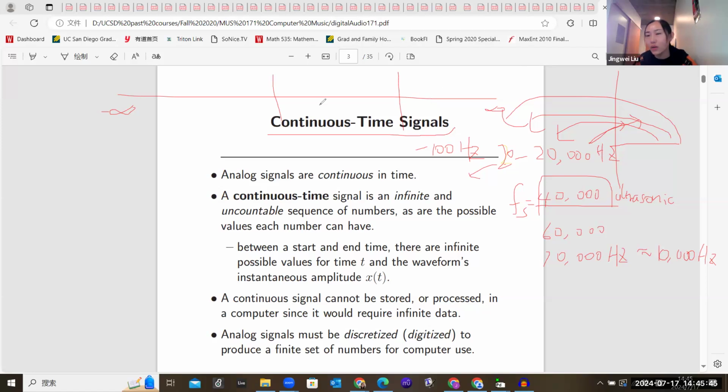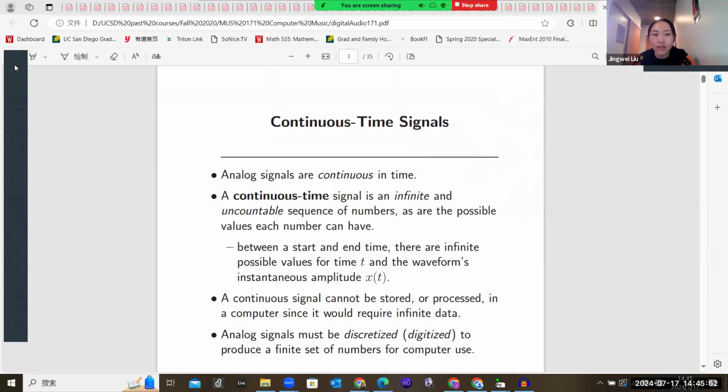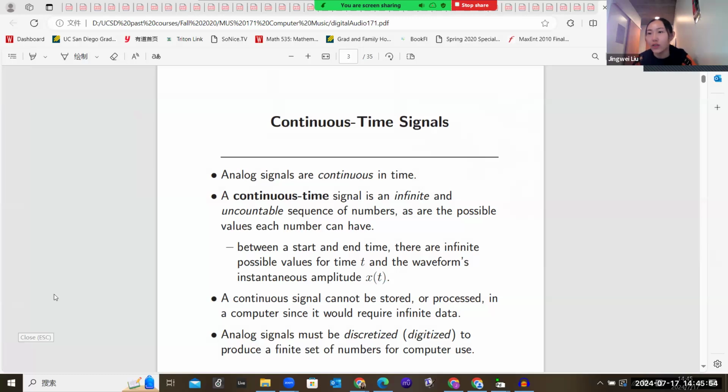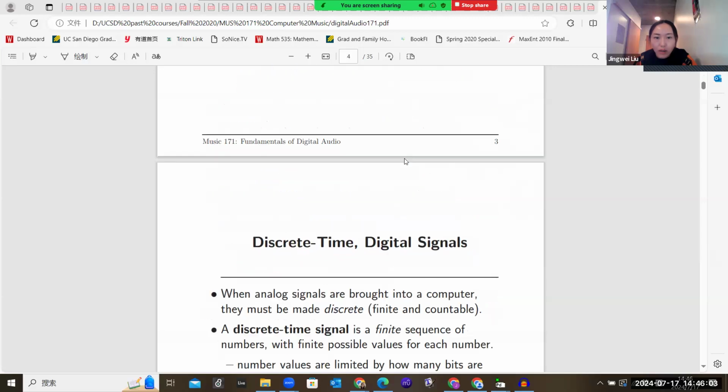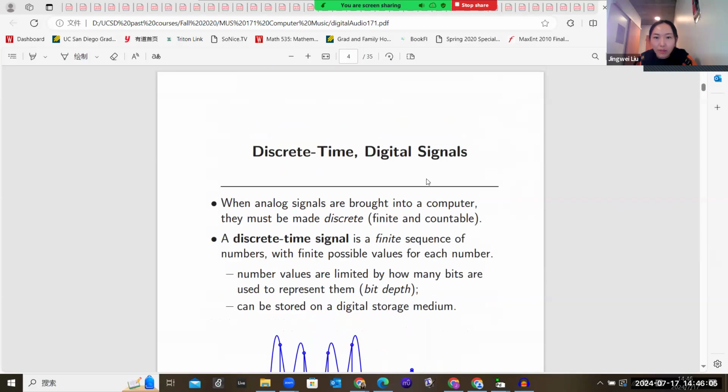These sounds will interfere and interact with each other, and this is a problem, because it's not a faithful reflection of what the analog signal presents to our ear. Whatever, let's continue with discrete time digital signals.